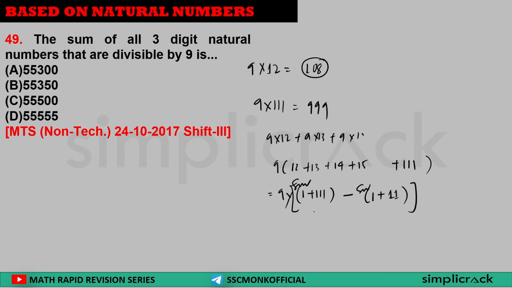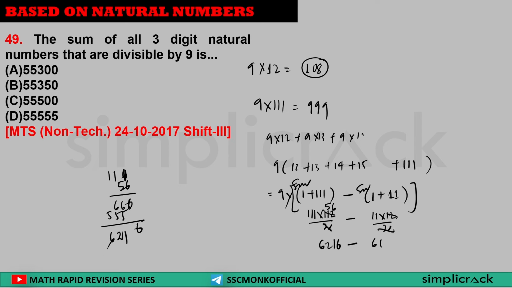So sum of 1 to 111 is equal to 111 into 112 by 2, minus 11 into 12 by 2. So 2 5s are 10, 2 6s are 12. So 111 into 56. So this will be 6660, this will be 555, so 6216, minus 66.